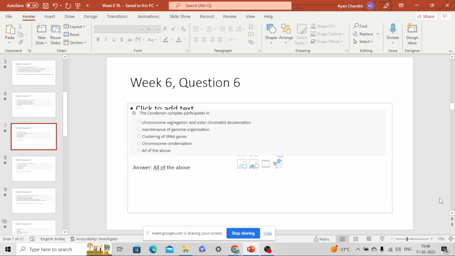So when the chromosomes are segregated, the tRNA genes from different chromosomes will come to a single point and make a cluster, and after forming this single cluster, they will be segregated as a cluster, as a group. That's why it is called making a cluster of the tRNA genes and segregation of this cluster of the tRNA genes.